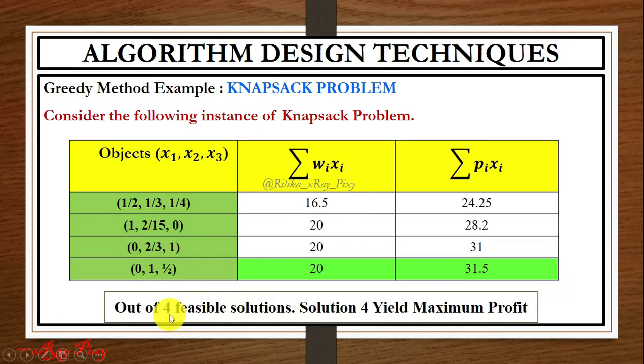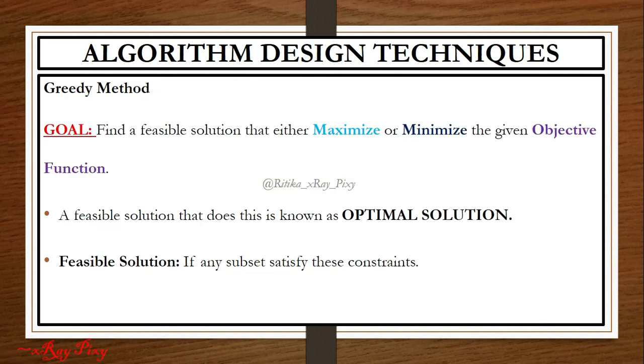Here, out of 4 feasible solutions, you can see this solution has maximum profit. So we will consider this the optimal solution. So we need to find out the optimal solution for this problem, and here the optimal solution is this one. So our aim here is to find out the optimal solution.